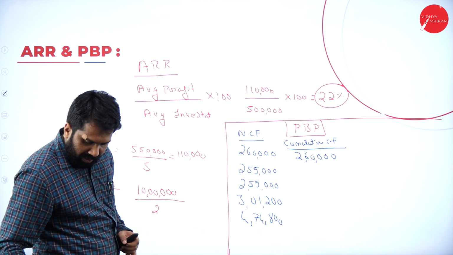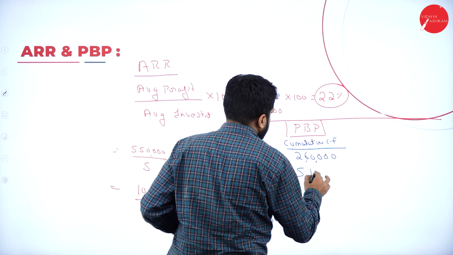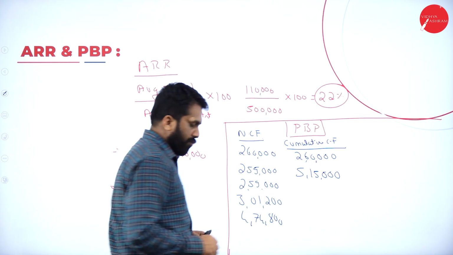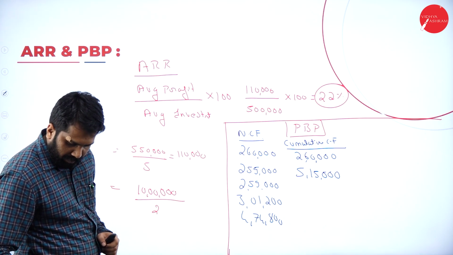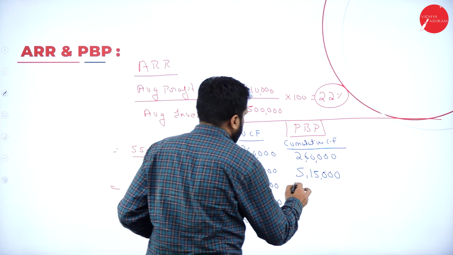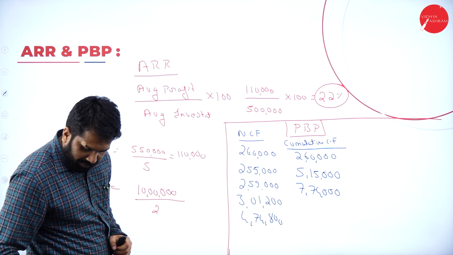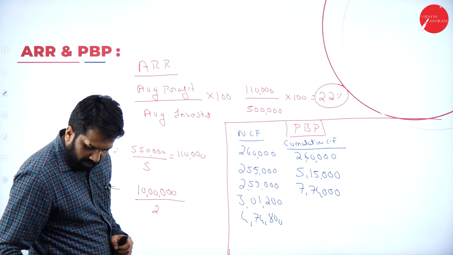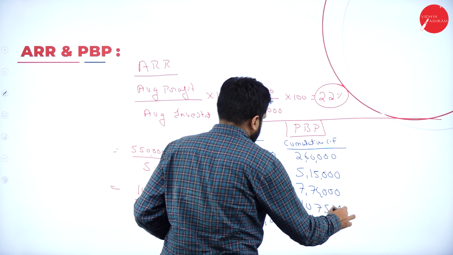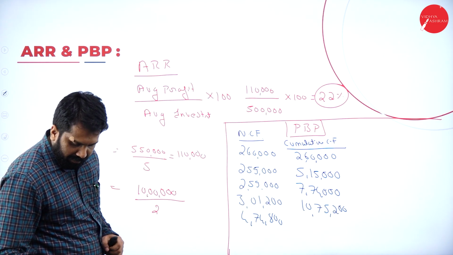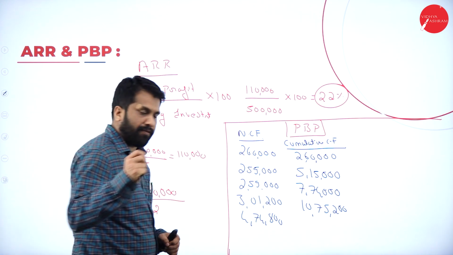It will be 5,15,000, plus 259, 7,74,000, plus 3,01,200, 10,75,200. 10,75,200 plus 4,74,800 is 15,50,000.